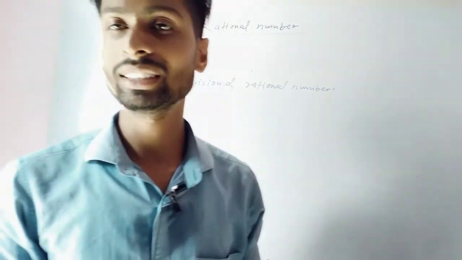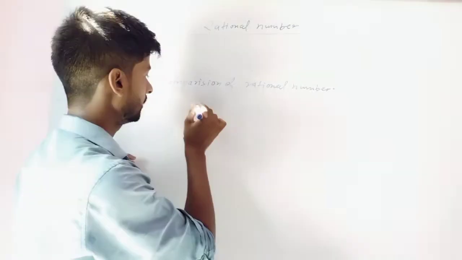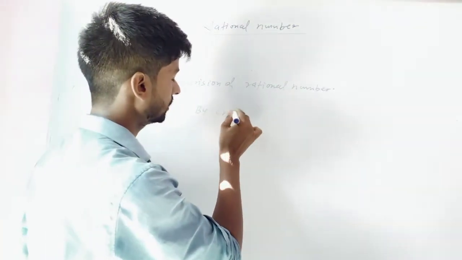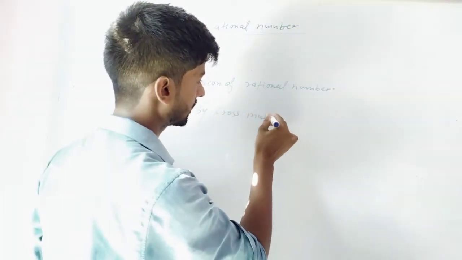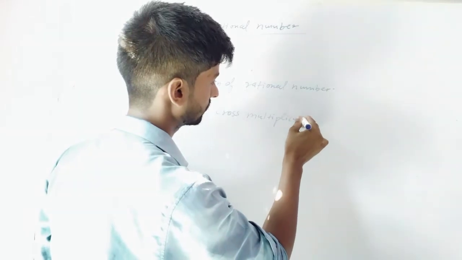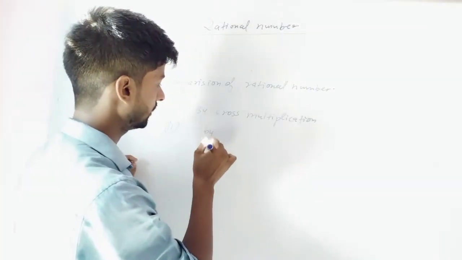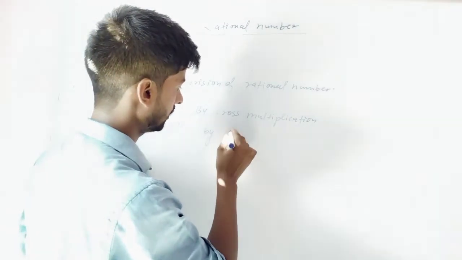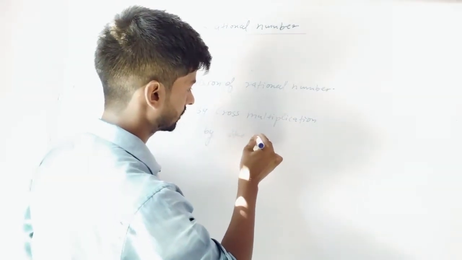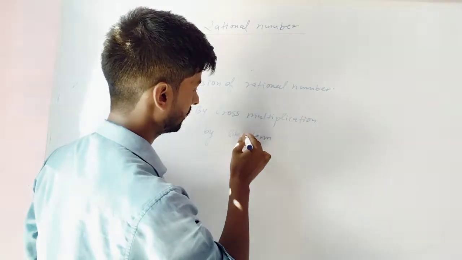Here are two methods for comparing rational numbers. First, by cross multiplication. Second, by making like terms.